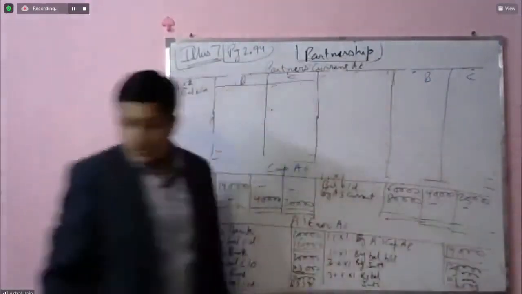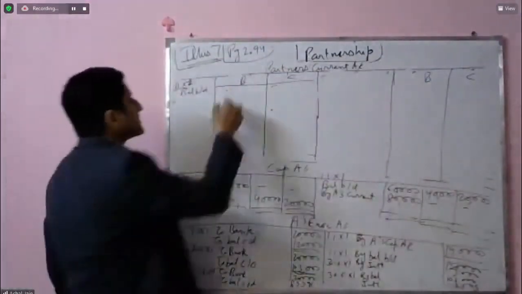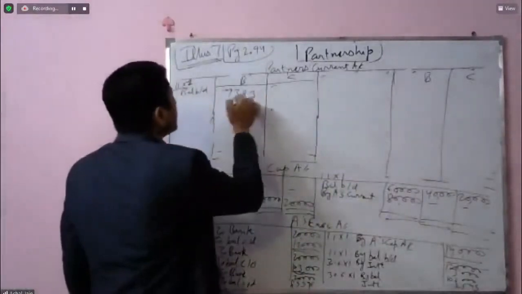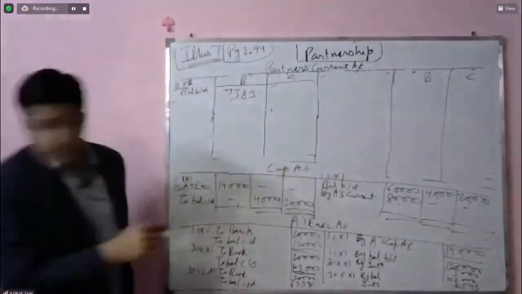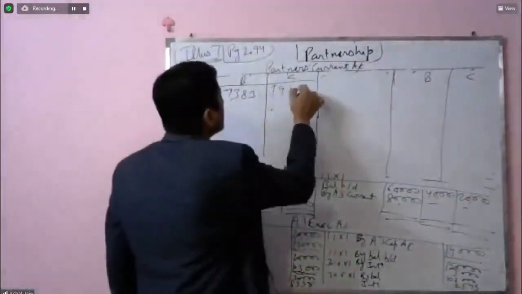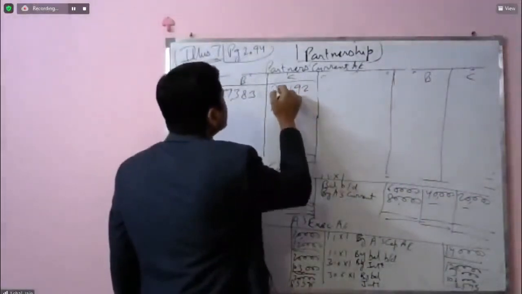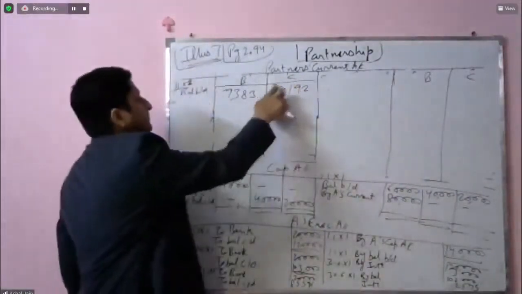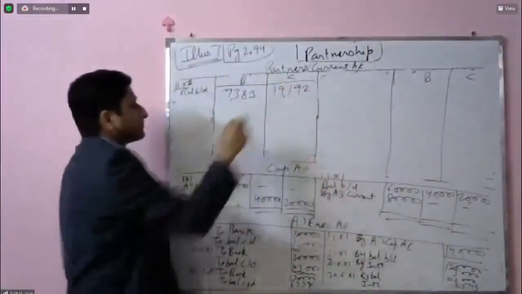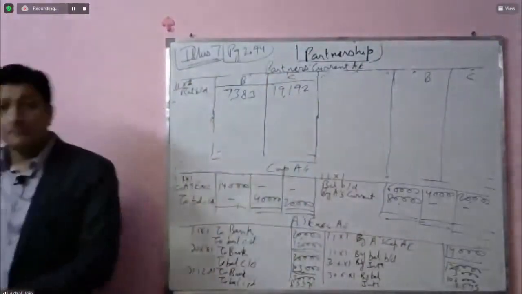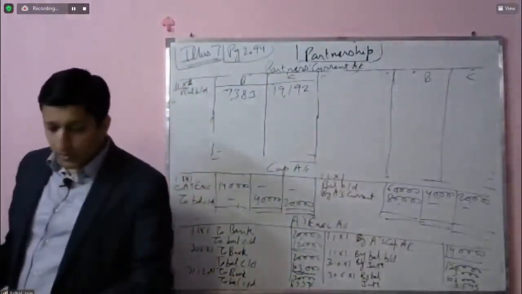And I'll just carry these balances over there. This is 7,383 and this is 19,192. Now, let's try to understand the computation of realization.